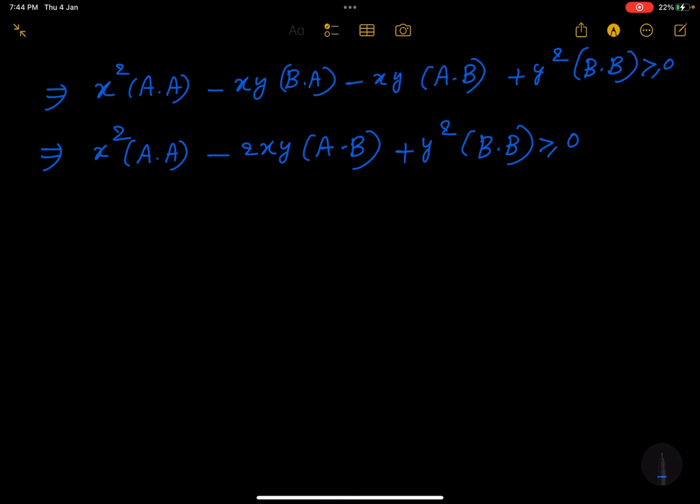Once you have this, we know what the values of x and y are, right? Since B is not the zero vector, by the previous property in the previous lecture, we know that B dot B, which is x, is strictly positive.